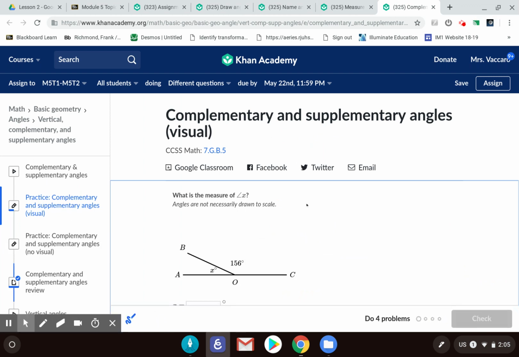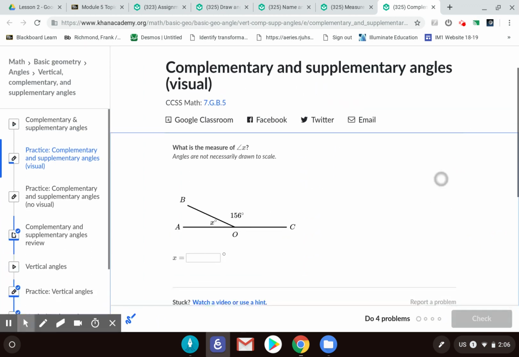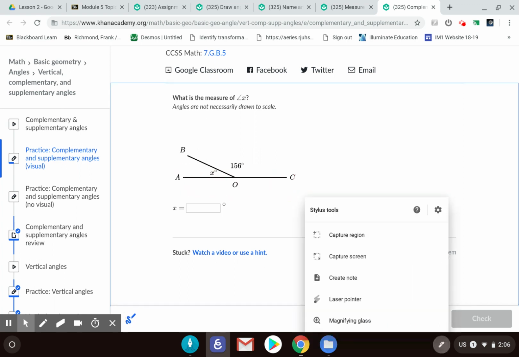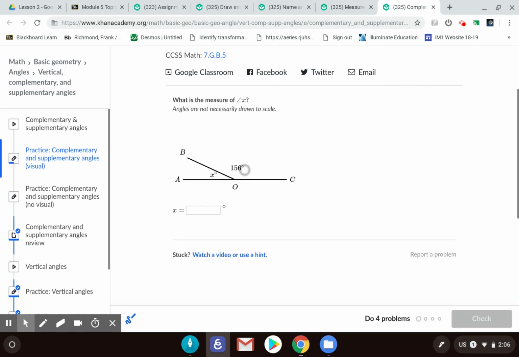And then another thing you'll end up having to do is identify complementary and supplementary angles. So you know here that AC is a straight angle. Right here is a straight angle. So that means that these two add up to 180 degrees.